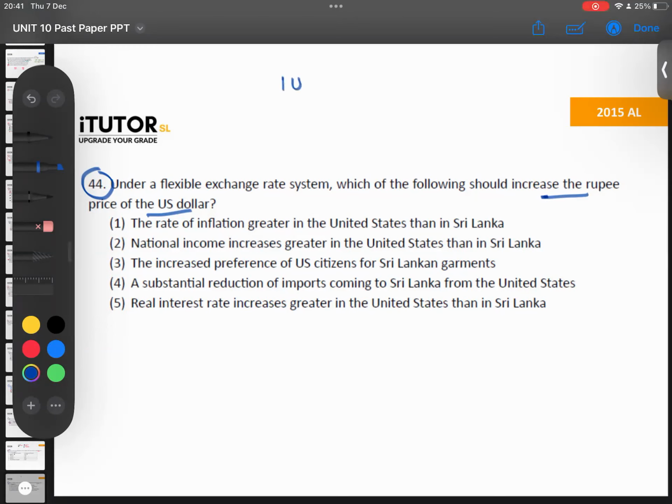So earlier, the rupee price of 1 US dollar was 200. Now they are saying increase the rupee price. So now let's say, for example, 300.